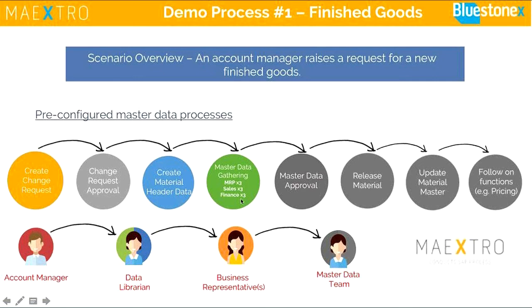Once data gathering is done, typically there's an approval and release process, which in turn updates the views in the material master. An important point with Maestro is at the end of that creation, amend or extension process, there may be follow-on functions, such as creating pricing, something within warehouse configuration, or setting up contracts, and all that again can be managed in Maestro, and that's where the real value is.